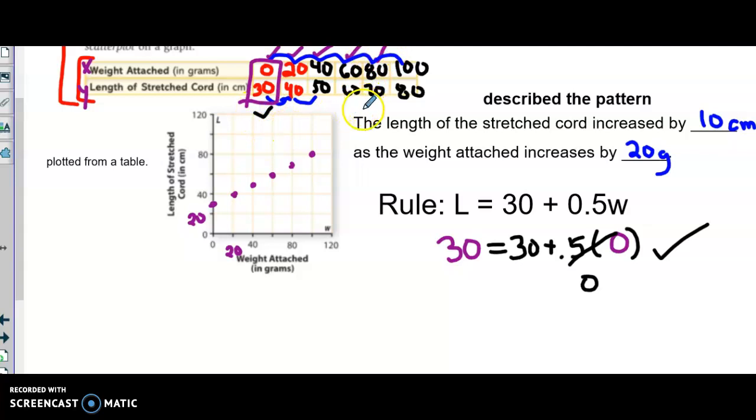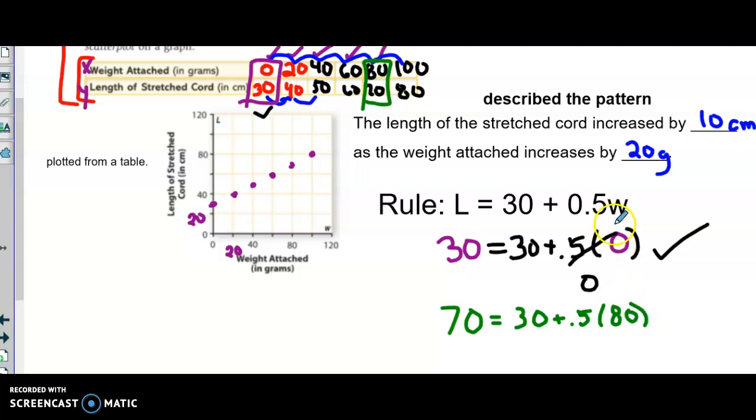Let's check one more. Does our rule check out for our second data value, let's say 80 and 70? So our length is 70. And is that equal to 30 plus 0.5 times 80?